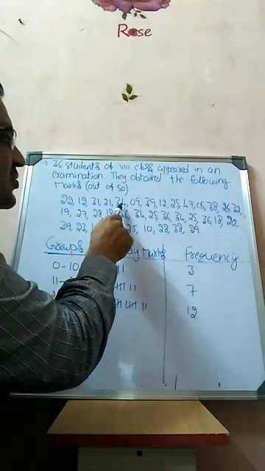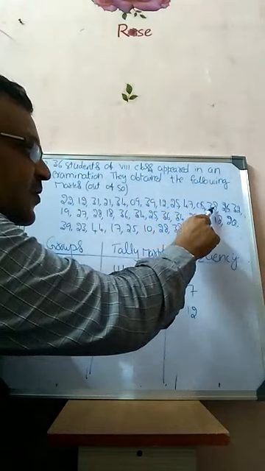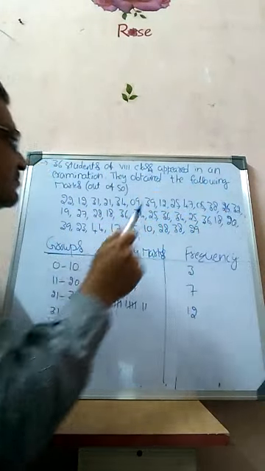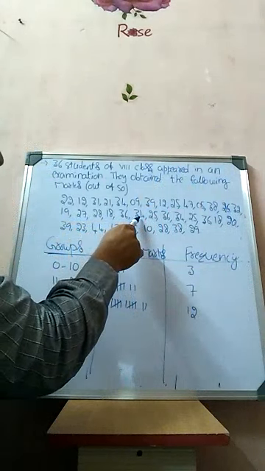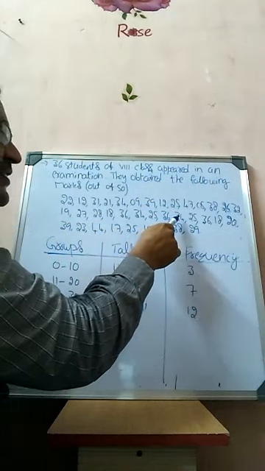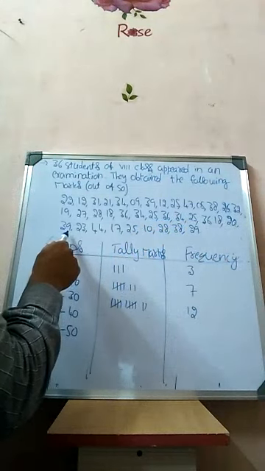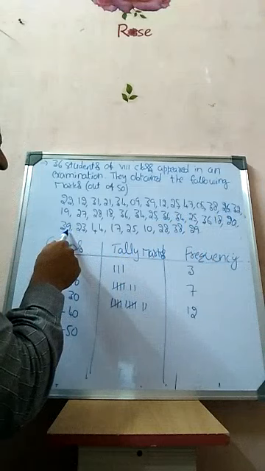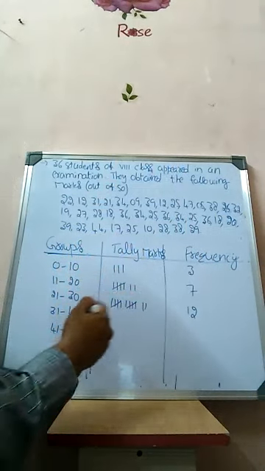Next, in between 31 and 40, including 31 and 40: 1, 2, 3, 4, 5, 6, 7, 8, 9, 10, 11, 12. Here also 12.